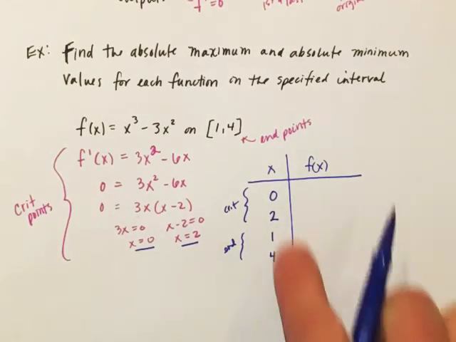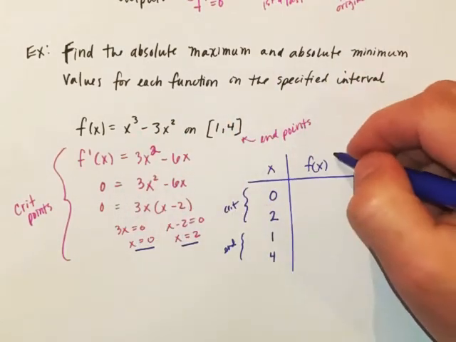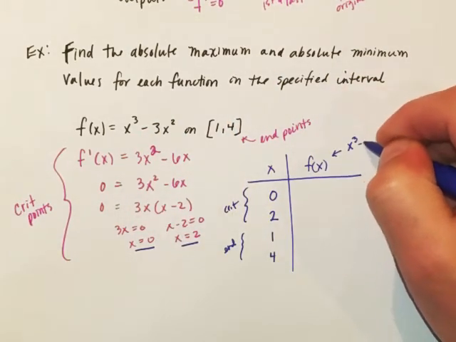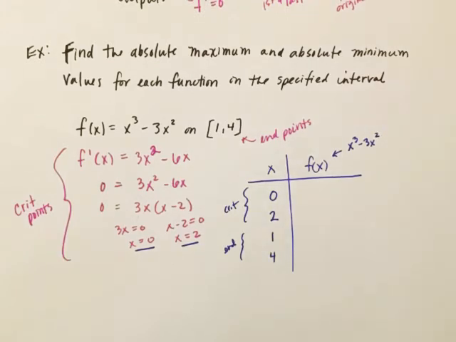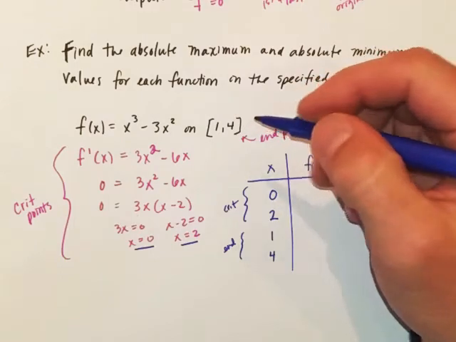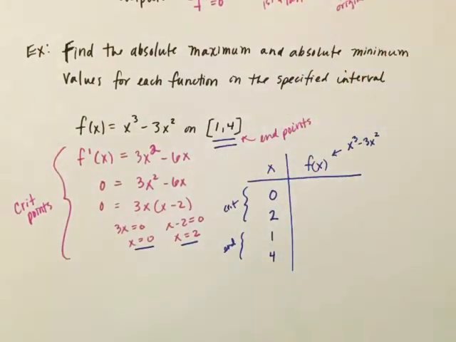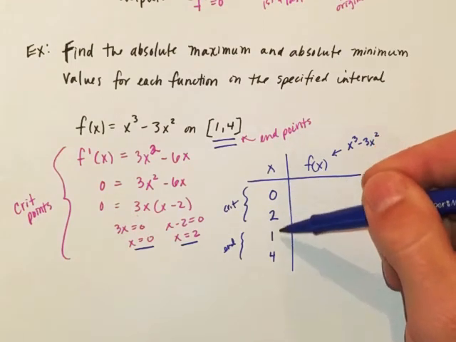On my interval, these are the numbers that I'm going to plug into f of x, which is my original function, x to the third minus 3x squared. Before I begin, I should think about whether all of these points are on this interval from 1 to 4. Well, one of these doesn't belong here.